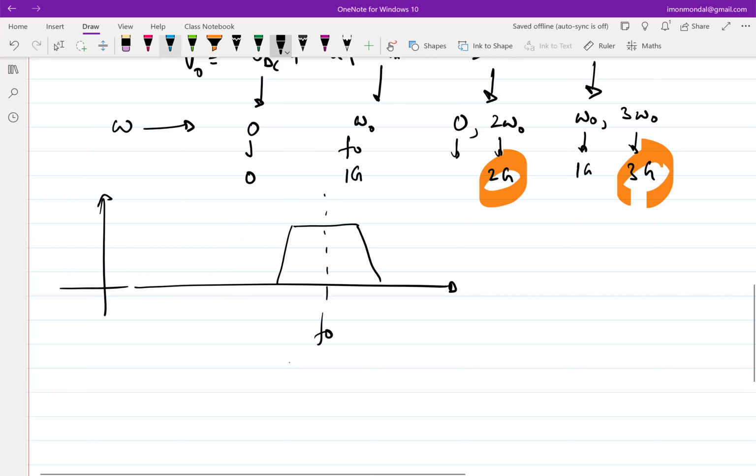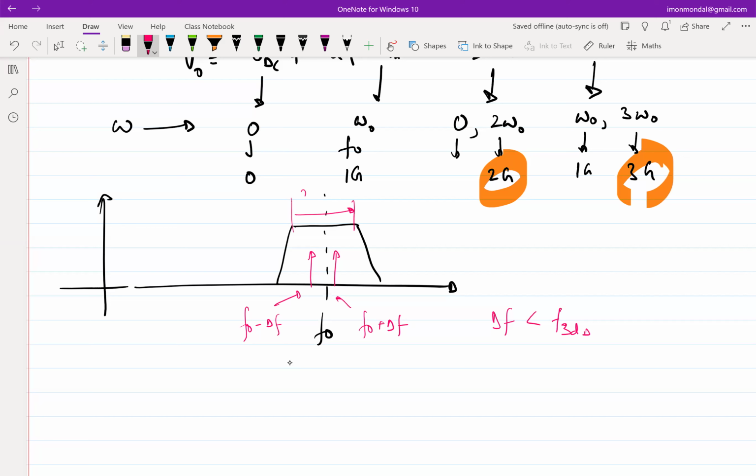Let's say I applied 1 tone here and another tone here, right? So this is F naught minus delta F. This is F naught plus delta F, right? Where delta F is less than 3 dB. But this is a 3 dB. You can assume this to be twice f 3 dB.